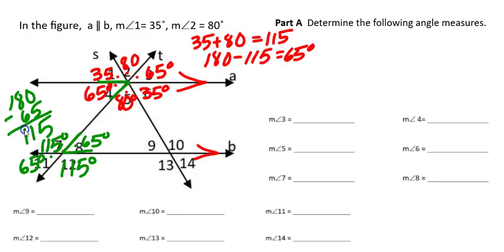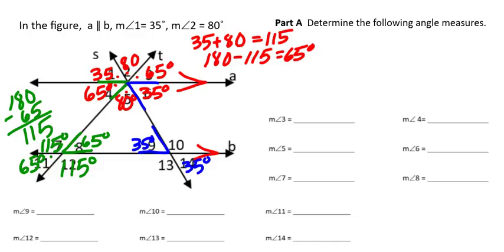So here again, we do have some vertical angles. So when we look at angle 9, this angle here and this angle here are vertical angles. So 9 is 35. And because 9 and 14 are vertical angles, we could say that 14 is 35.